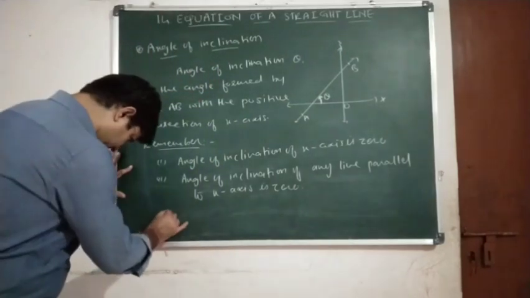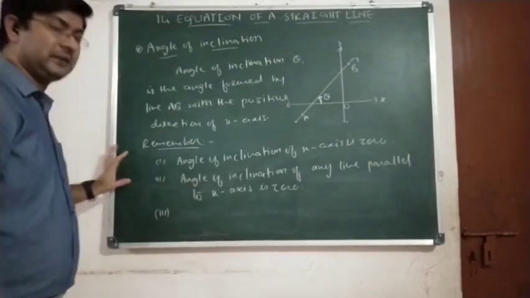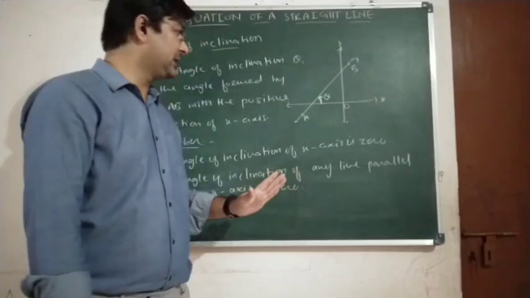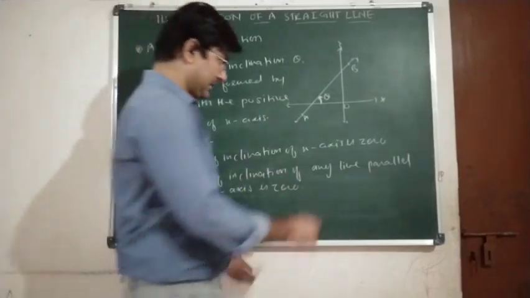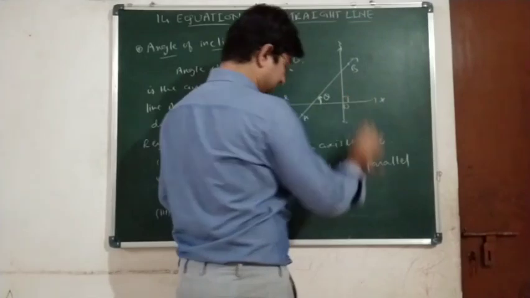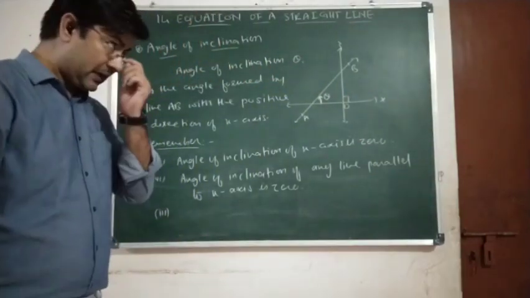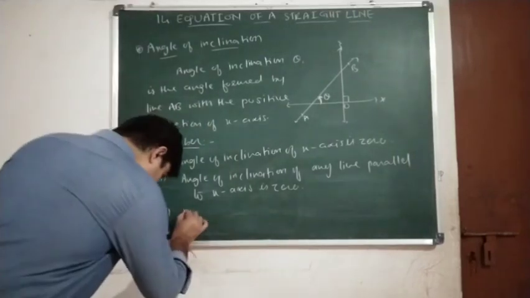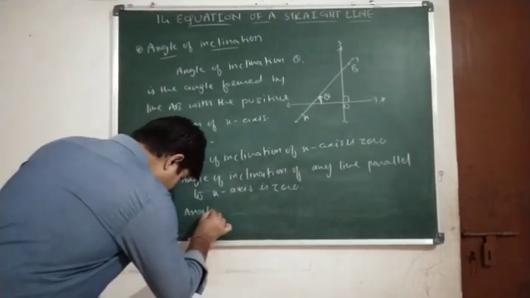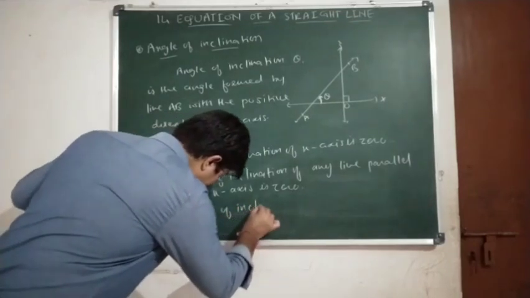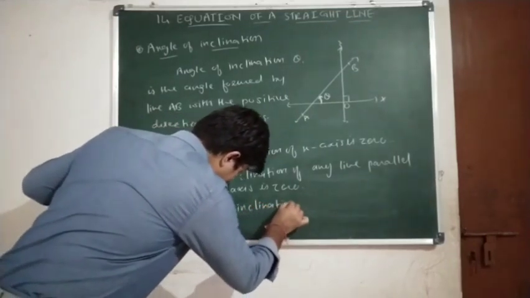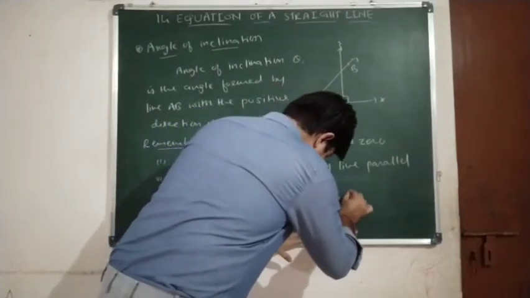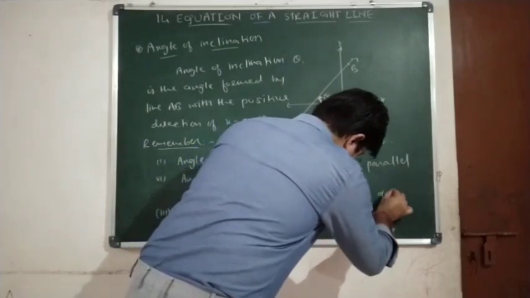Similarly, the third point to remember is the angle of inclination of y-axis. Now y-axis forms an angle of 90 degree with the positive direction of x-axis, therefore angle of inclination of y-axis is 90 degree.